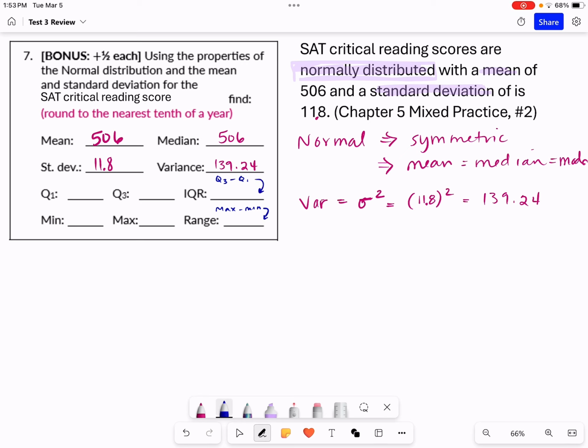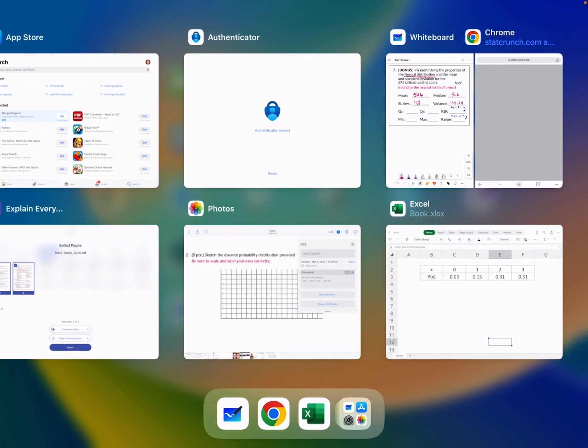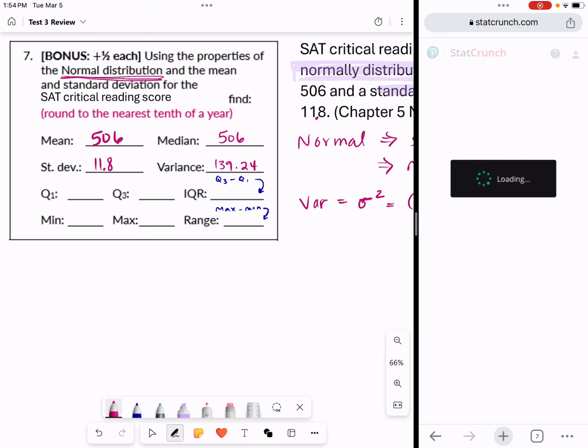But we have to find the quartiles and the min and max, and that's where our normal calculator comes in. So again, we know it's a normal distribution. We're told that it's normal, and so that means we should be able, let me see here if I can get the StatCrunch showing up. There we go.